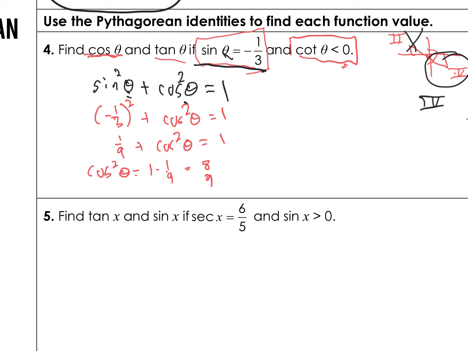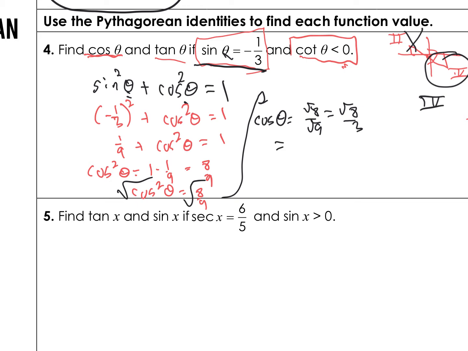So I'm looking at cosine squared theta is 8/9. Square root both sides, and I'm going to get cosine of theta is the square root of 8 over the square root of 9, which is the same thing as square root of 8 over 3.